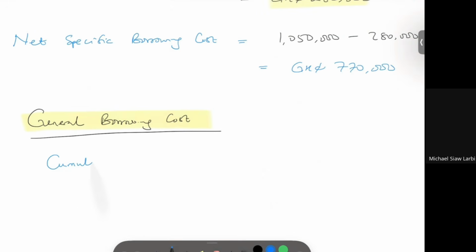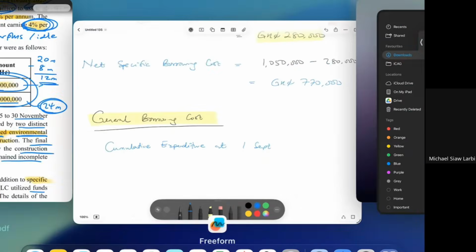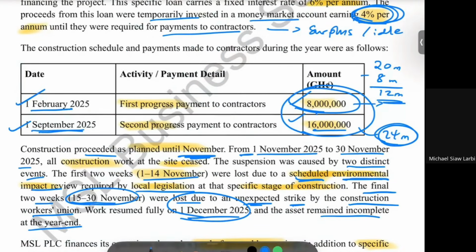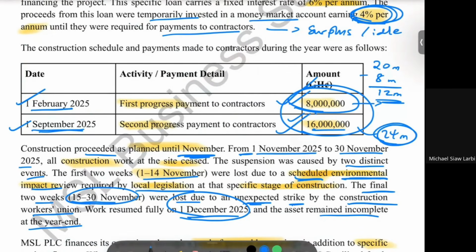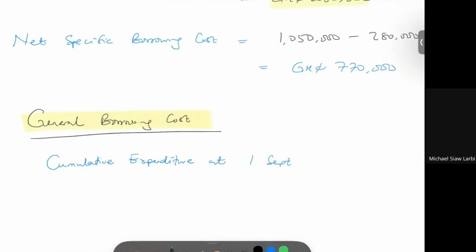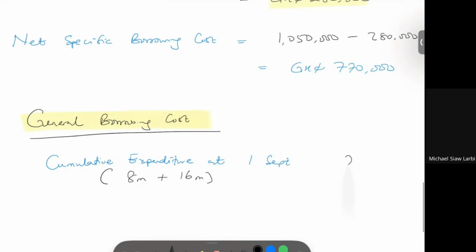My cumulative expenditure at 1st September. At 1st September, I had spent 8 plus 16, which is 24 million, right? So 8 million plus 16 million, giving us 24 million Ghana cedi.